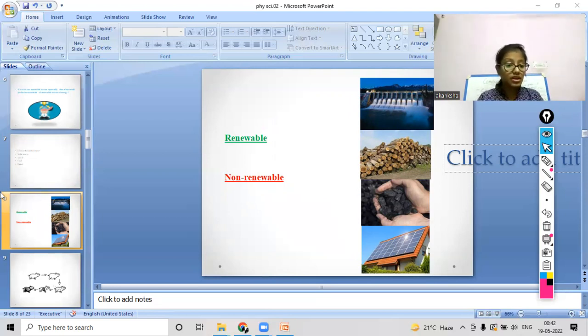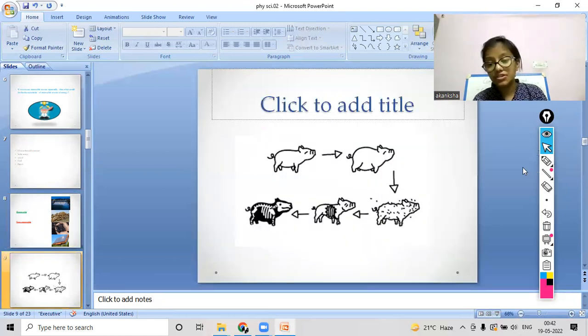Now as we move on ahead, in front of you, you can see a picture. You have to observe it for 5 seconds and then I will ask you what you observed in the picture. If you want to write something, you can write in the chat box.